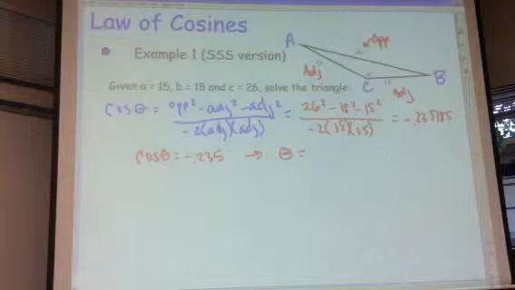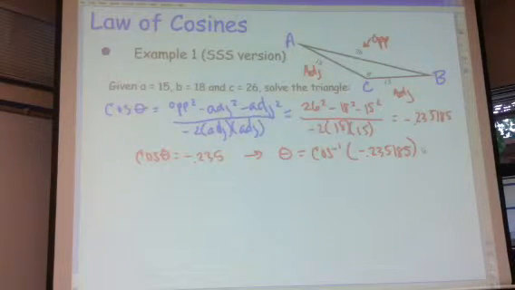So theta is going to be the inverse cosine of that decimal. And I'm going to put in as many decimals as I can to get my actual answer. And my actual answer here is 103.6 degrees. So this angle is 103.6.